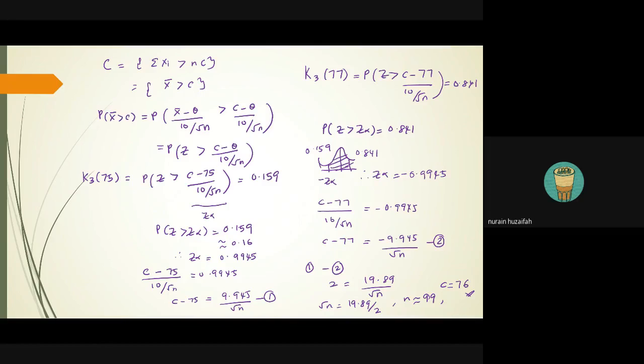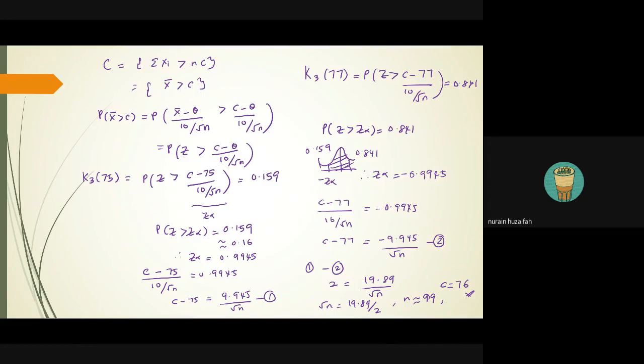Okay, but in this case, when theta equals to 75, we only have a small probability, still considerable probability, which is 0.16. But again, the price that we have to pay is we have to use a large sample size, where we have to use N equals to 99.